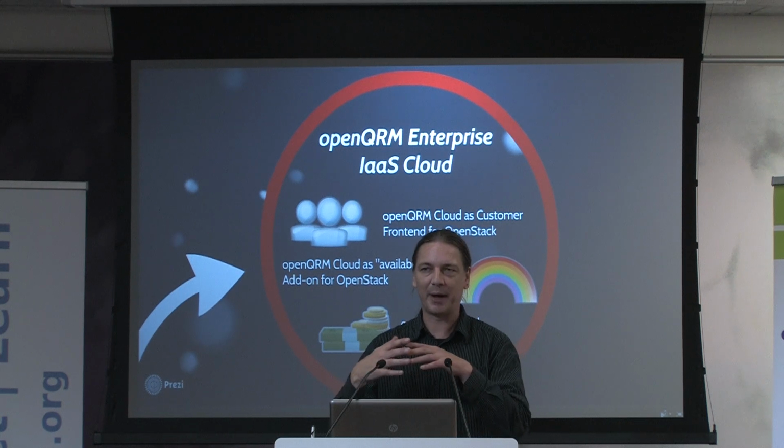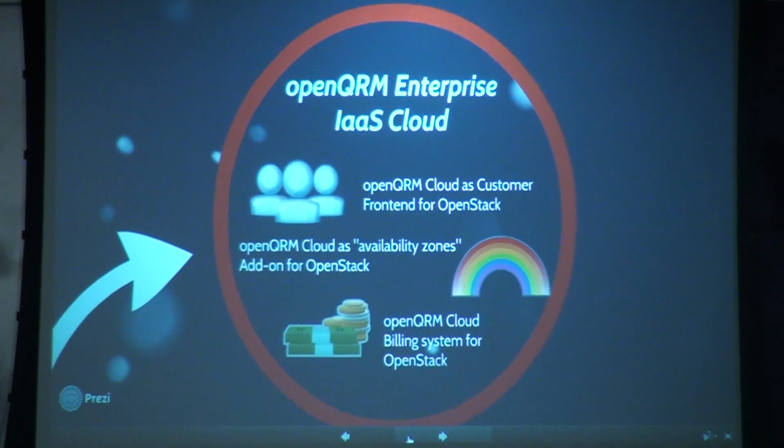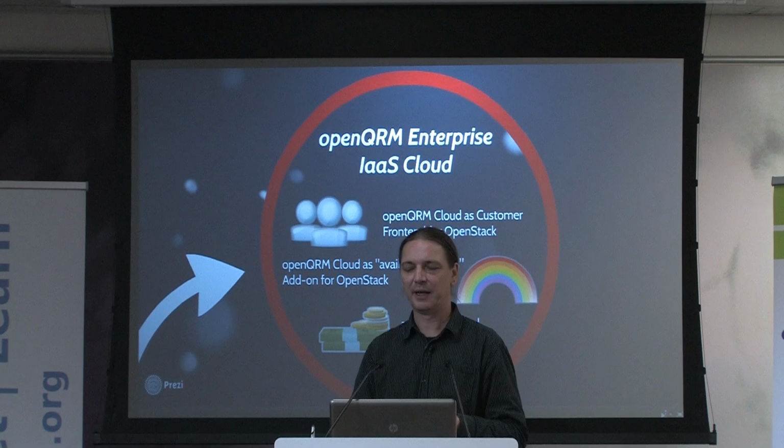We make any kind of cloud provider supported by openQRM and virtualization managers conform and unified for the end users. What we also support is a model similar to Amazon, with different availability zones or even different organization zones.